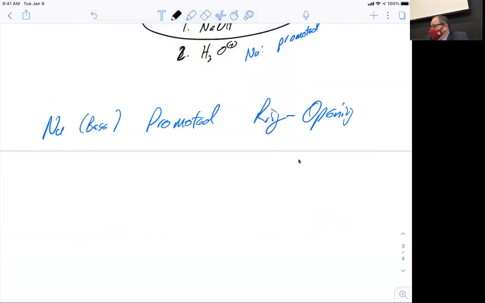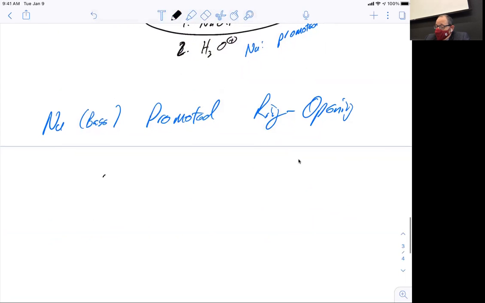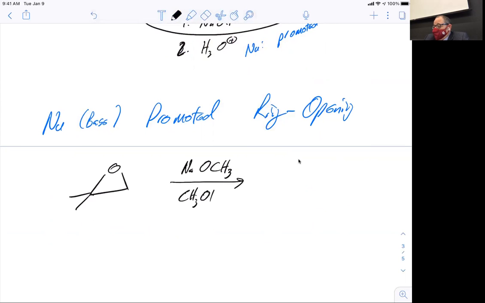In nucleophilic or base promoted ring opening, if we have a non-symmetric epoxide, we react that with a good base or nucleophile. So here we add sodium methoxide. The regioselectivity we're going to get is that the nucleophile is going to add to the least substituted side.